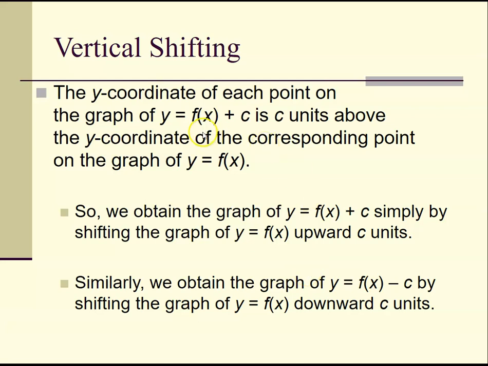So here we will say that y equals f(x) plus c is c units above, and if it is y equals f(x) minus c, it's going downward. So we obtain the graph of y equals f(x) plus c simply by shifting the graph of y equals f(x) upward c units. Whatever the value of c is, that is the number of units you go up. But if it is down, it will be minus c.